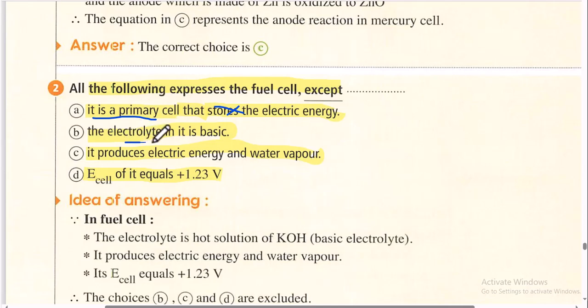Its electrolyte is basic, it is potassium hydroxide. It produces electric energy, yes, and water vapor, yes. Its potential equals 1.23 volt. All these are correct, but the wrong thing is it does not store electric energy. So A here is the answer.